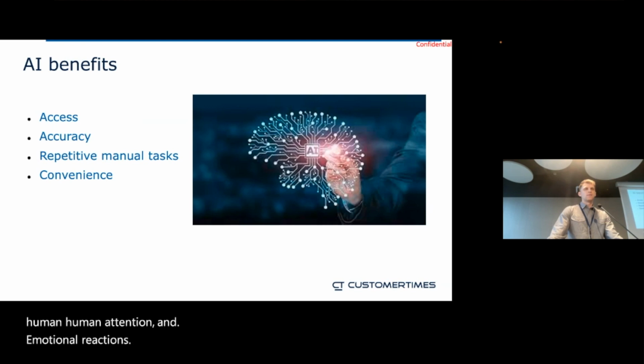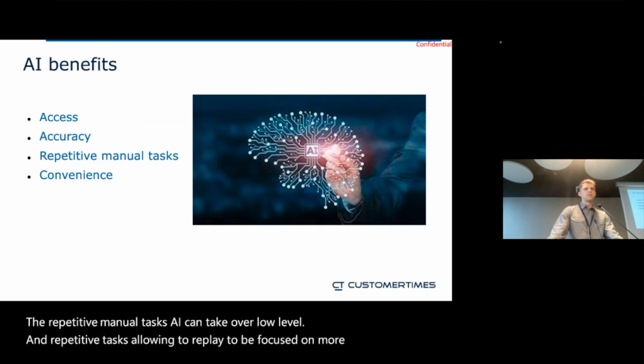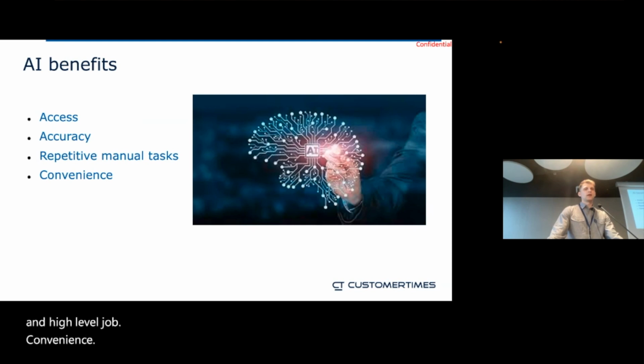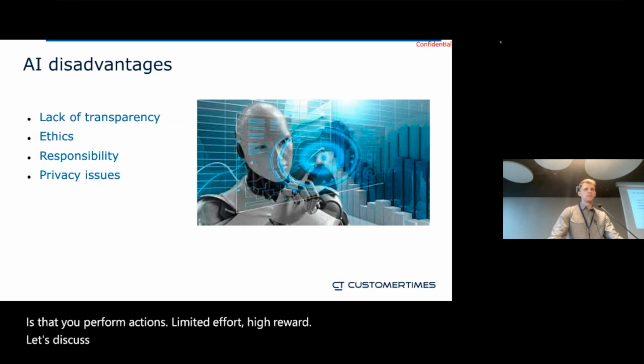Repetitive manual tasks. AI can take over low-level repetitive tasks, allowing employees to focus on more strategic and high-level jobs. Convenience. Easy to perform actions. Limited effort, high reward. Let's discuss AI disadvantages.